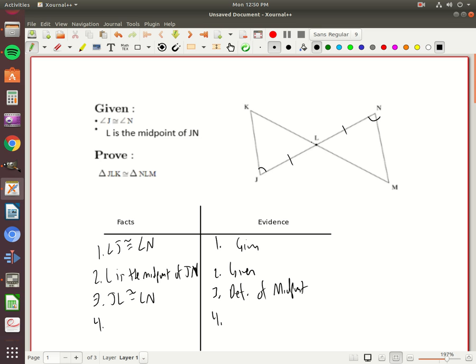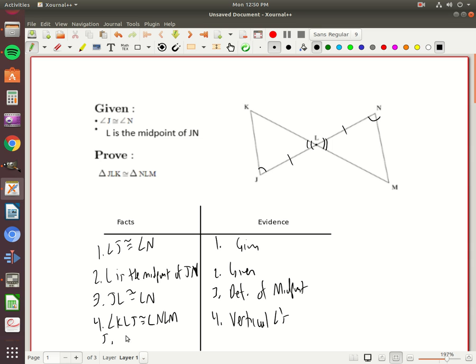At this point, I will say the angle KLJ is congruent to angle N. Oh, I should probably put 2 there, because if I put 1, that assumes they're all the same, but they probably aren't the same. So anyways, KLJ will say NLM, and those are known as vertical angles.